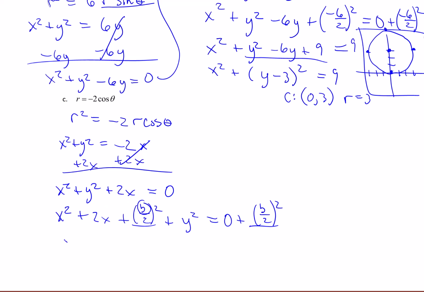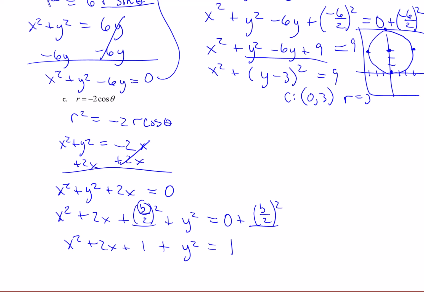So we're going to make this x squared plus 2x plus, if b is 2, then 2 over 2 is 1, when squared would be 1. So it's really x squared now plus 2x plus 1 plus the y squared we had over there on the left side. But then that's equal to, on the right side, 0 plus, well, b over 2 squared we just decided was 1, so it's going to be just equal to 1.